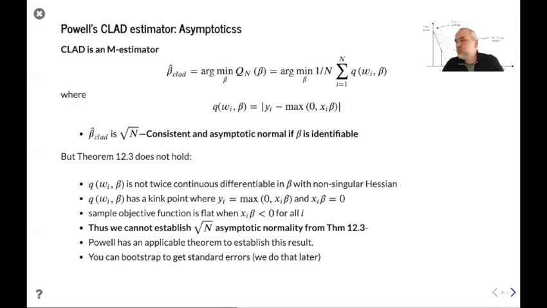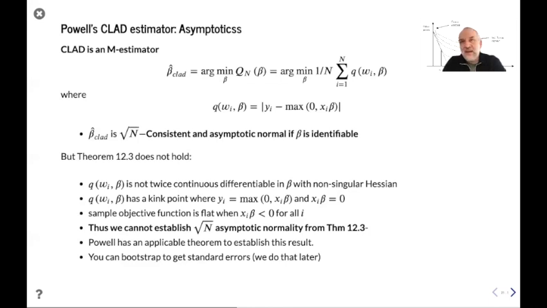And so, should we worry about this? Well, if you want to do inference based on theorem 12.3, because this is an M estimator, in principle you can use that theorem, right? It's for M estimators.